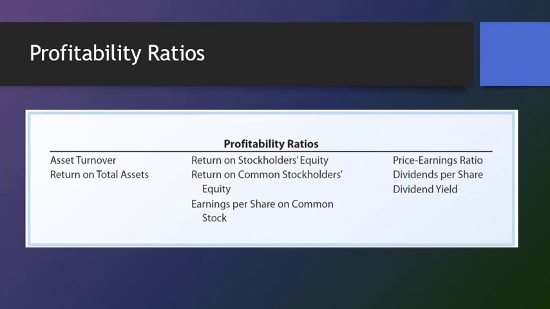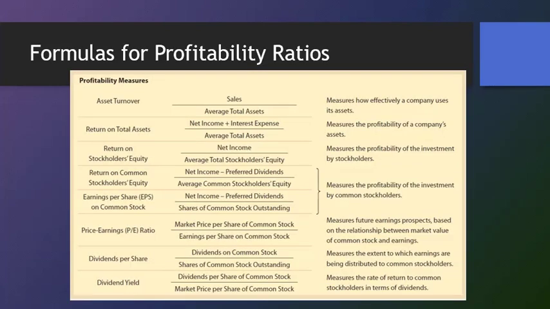You see we've got lots of profitability indicators. Here are the formulas for these indicators. And you're going to notice that most of them are driven either by sales or income. In the case of asset turnover, we're looking at the relationship between sales and our total assets. Return on total assets, we're looking at net income and assets.